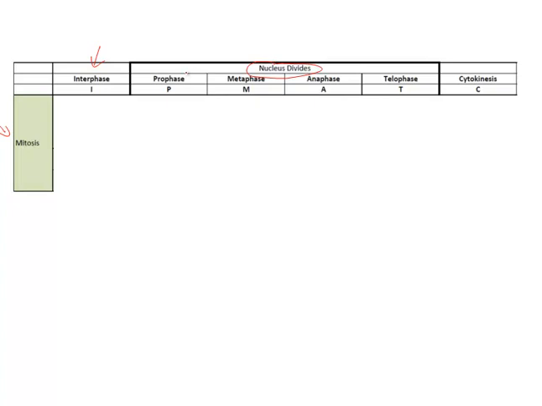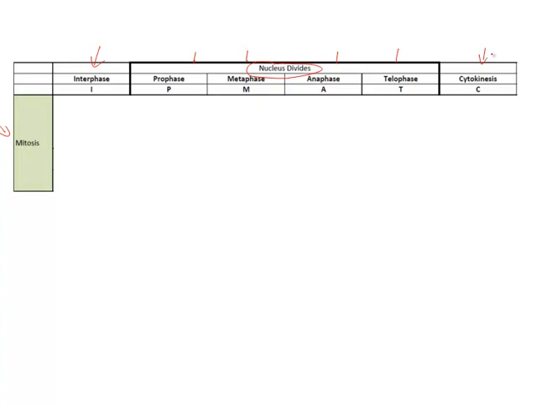Prophase, metaphase, anaphase, and telophase are all part of the nuclear division, so that's where actual mitosis occurs. And then after mitosis, we have cytokinesis to actually divide the cytoplasm so that we have two individual cells.